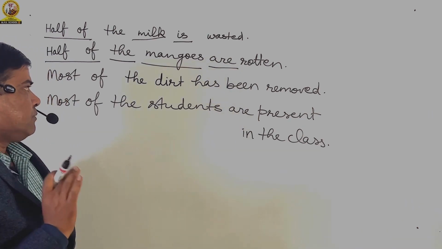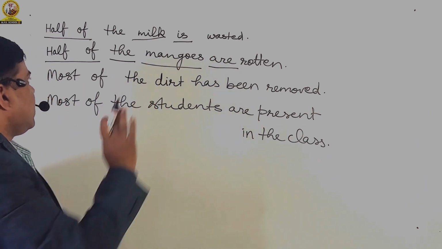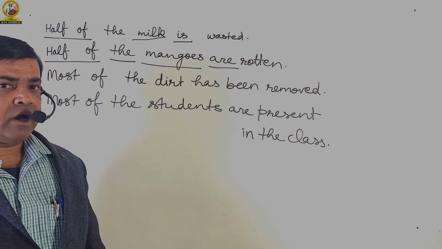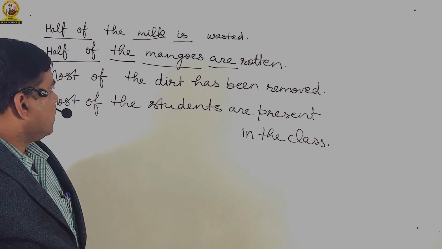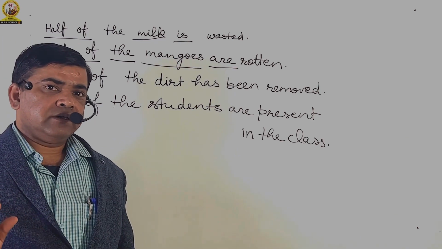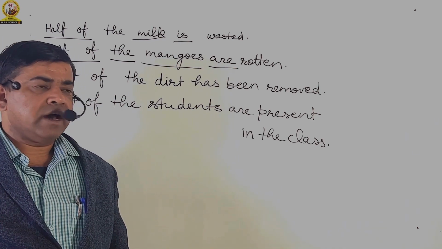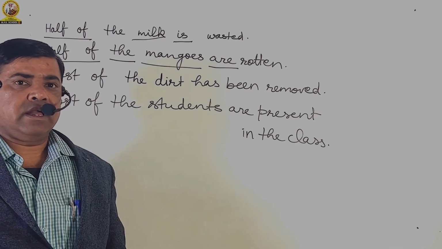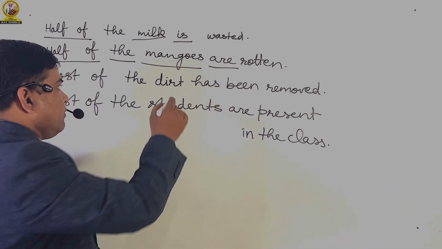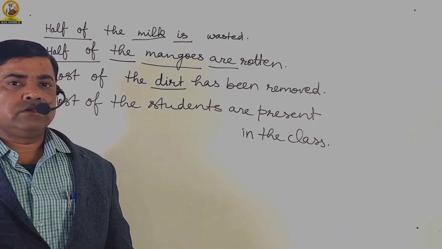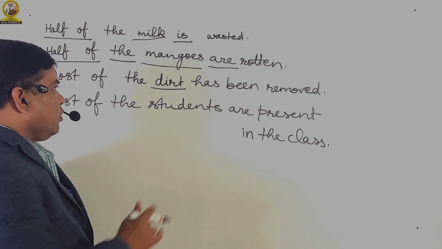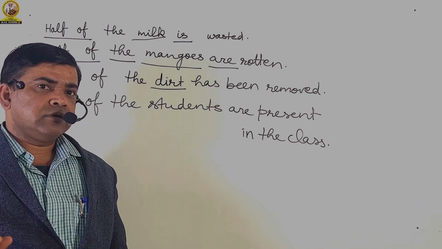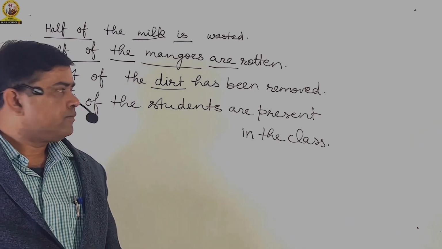So friends, in the third example, most of the dirt has been removed, यानी अधिकांश गंदगी हटा दिया गया है, रिमूव कर दिया गया है. Here also we see that the word dirt is a material noun and so a singular verb has been used with it.